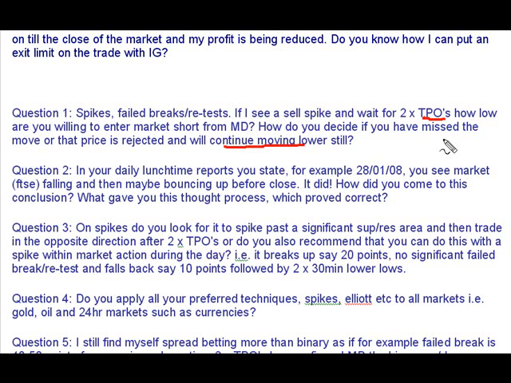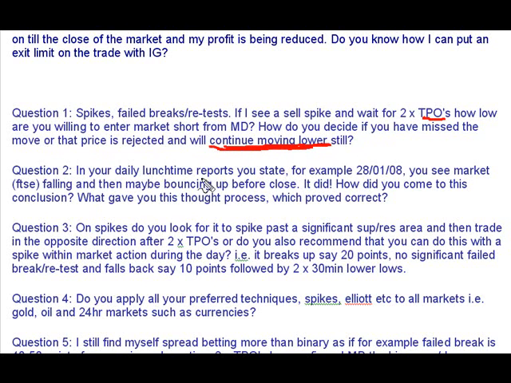One thing you could do, if you normally trade £10 a point and normally use a 25-point stop, is go for the 50-point move but halve your position size. You never know whether it'll continue moving lower or not. Generally a spike is an indication that that's what's going to happen, but you never have any certainty about that.